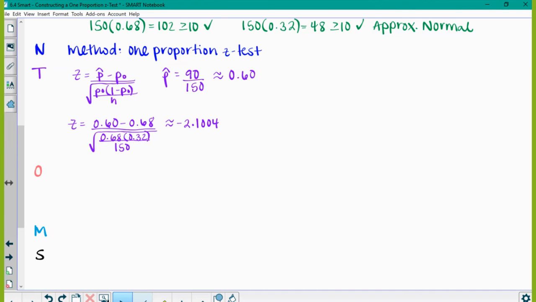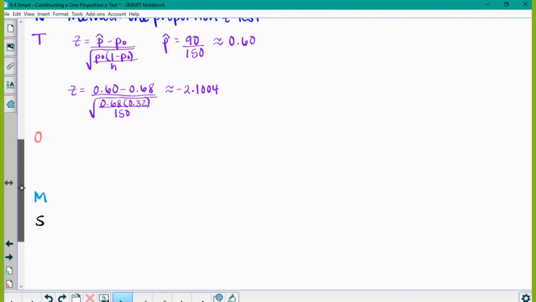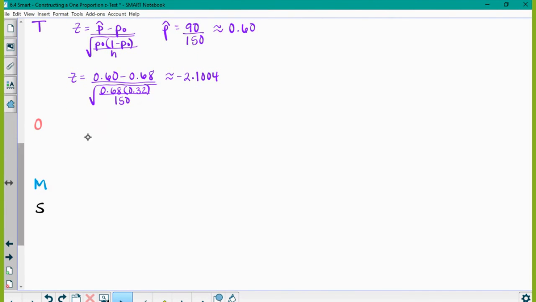So negative 2.1004 and positive 2.1004. If I'm doing something by hand, I always like to sketch a picture so that I can visualize what I'm interested in. What's the area that I want? I want the two tails of a normal curve with Z-scores of 2.1004.